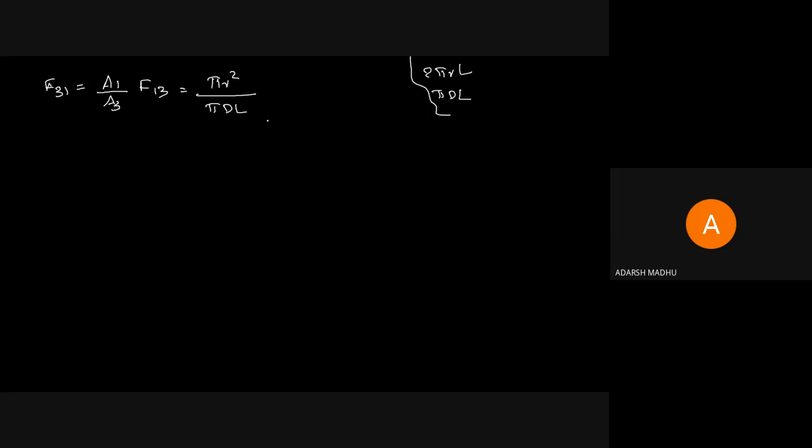I am not writing pi d L. I am writing 2 pi r L above, so that the r's cancel. Here I am writing 2 pi r L itself. So pi and r cancel with pi and r, and the remaining is A1 by A3 equal to r divided by 2L. So F31 equal to r divided by 2L into F13.